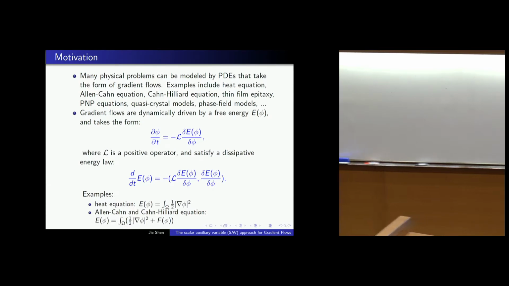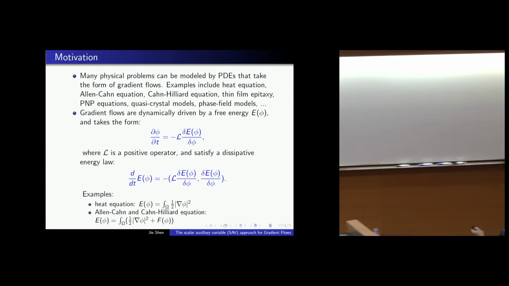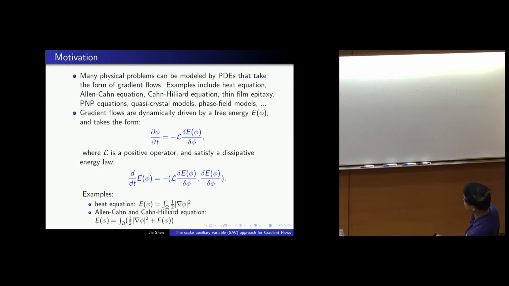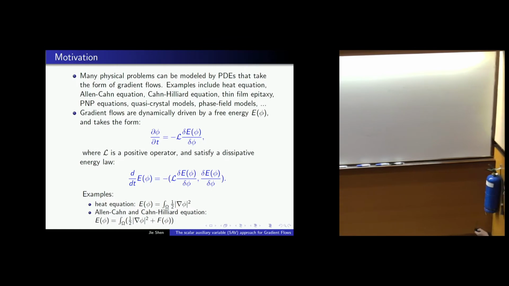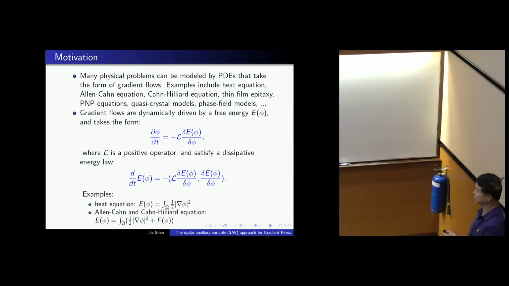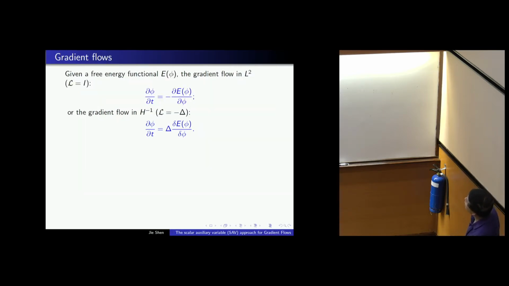Some simple examples: if you have a heat equation, you take your free energy to be this. For the Allen-Cahn and Cahn-Hilliard equations, your free energy is this linear part plus a nonlinear potential, which can take different forms depending on your situation. As I said, this L here can be a different positive definite operator.